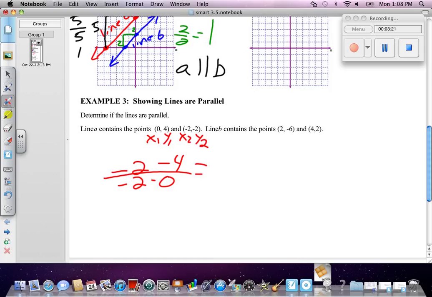Am I going too fast? I get negative 6 over negative 2, which is positive 3. Negative divided by negative is a what, Vincent? Okay.